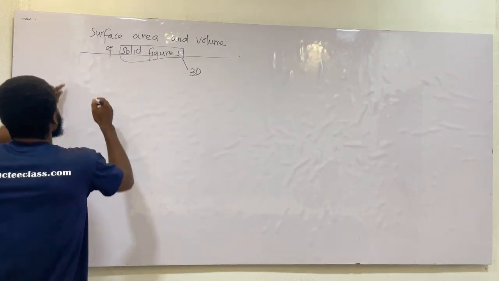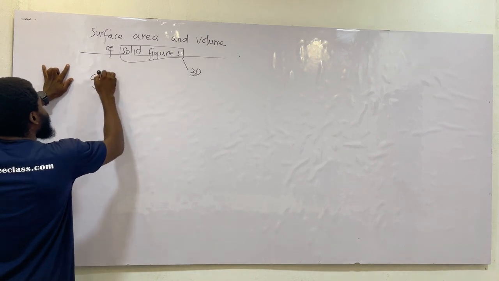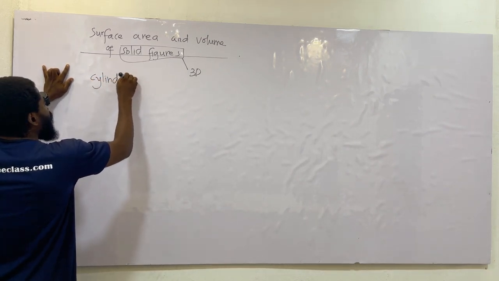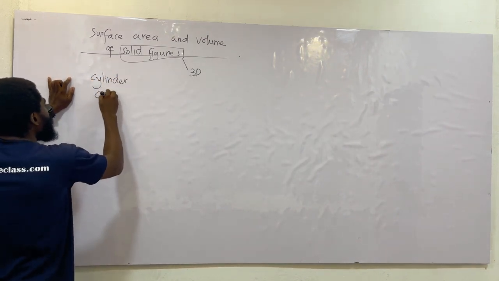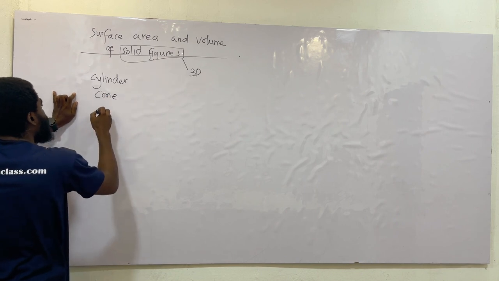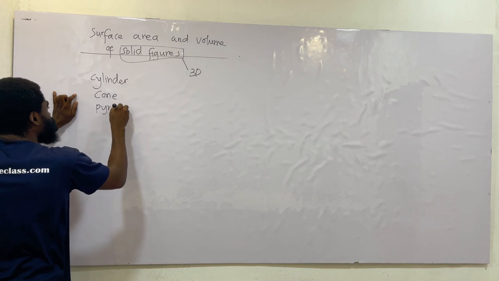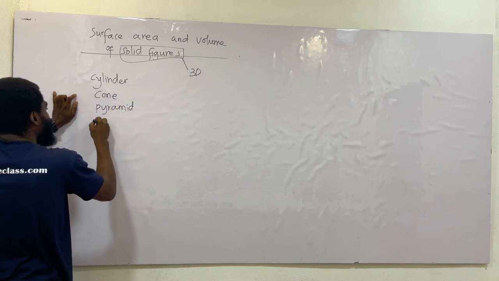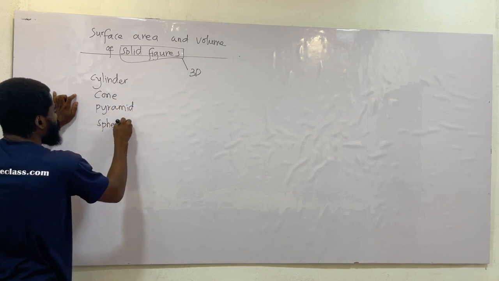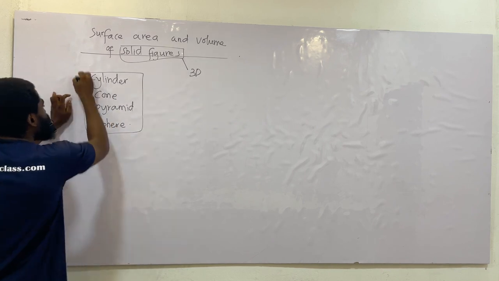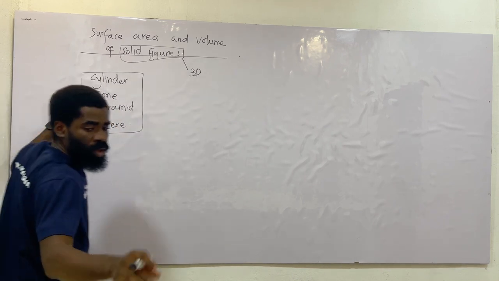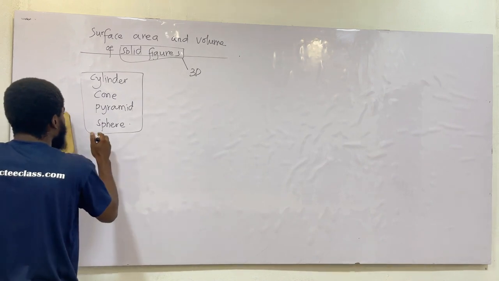Now, the shapes we will deal with today, we'll look at the cylinder, we'll look at the cone, we'll look at the pyramid, and the sphere. So these are the shapes we are going to deal with. And the cuboid, let me add the cuboid to it.